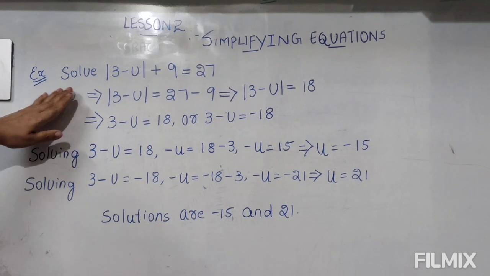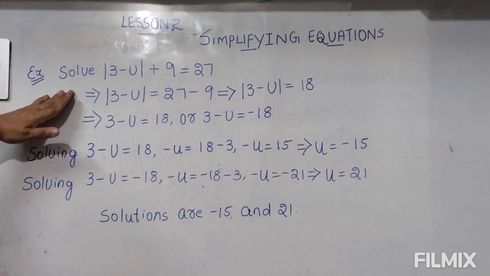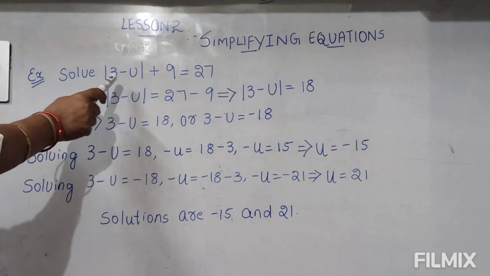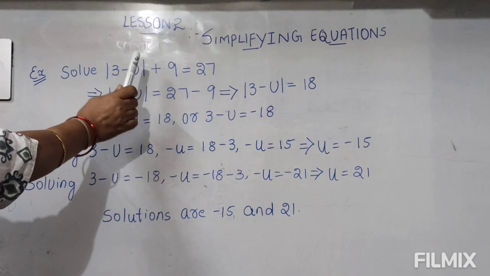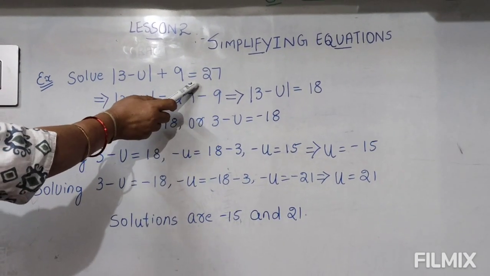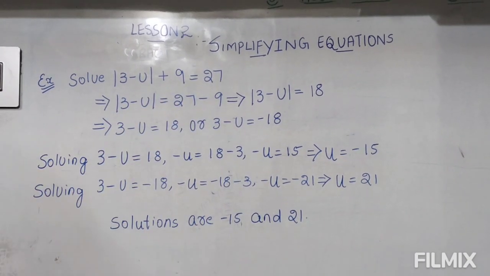Let us take one example on absolute value. Solve |3 - u| + 9 = 27.